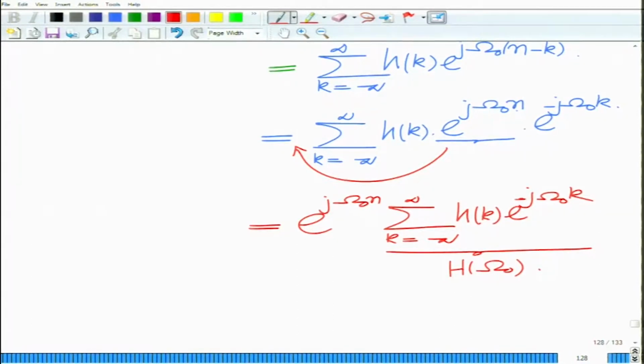So, for the complex exponential at frequency omega naught, the output is simply H(omega naught) times e raised to j omega naught n.